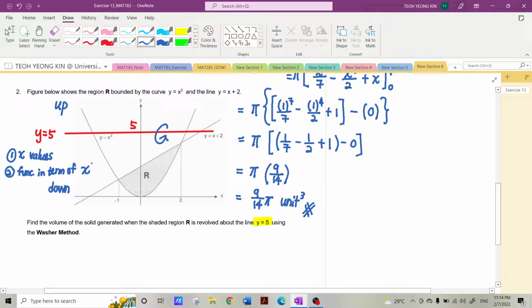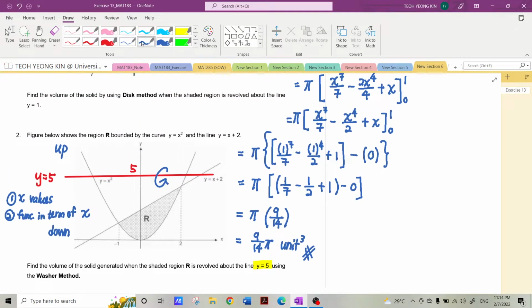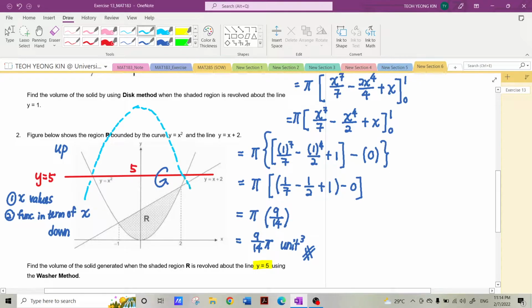So let's continue to this question. You can see that our shaded region revolves about the line y equals 5. If I try to sketch the graph, when it revolves upward, you can see this is about the line, and here will be the line.